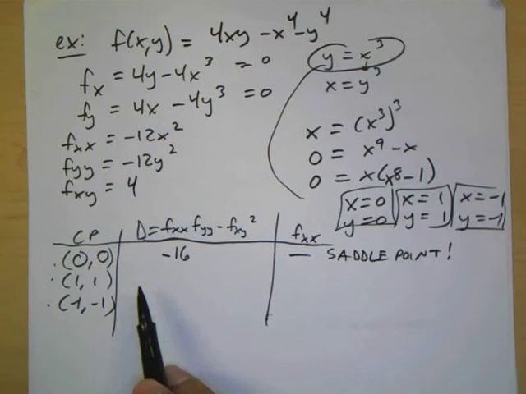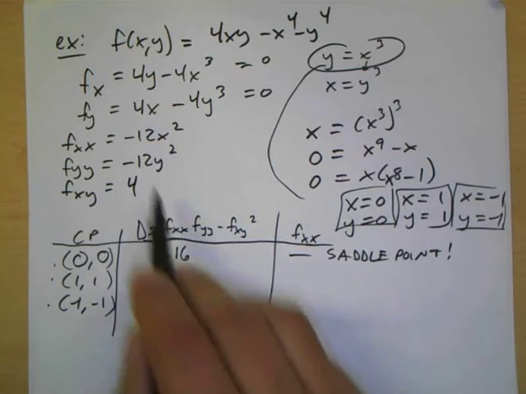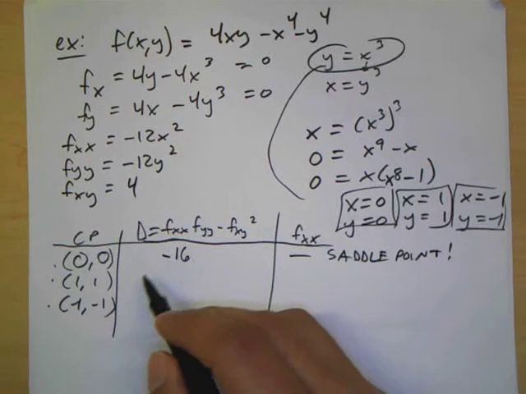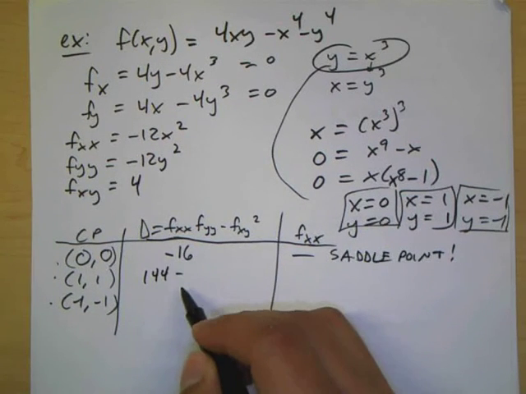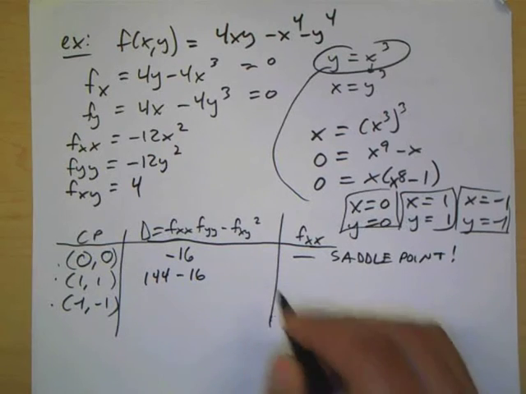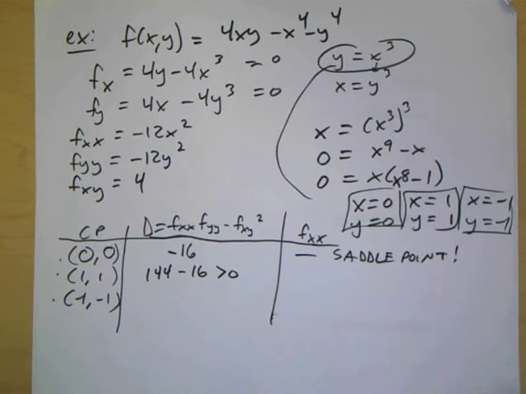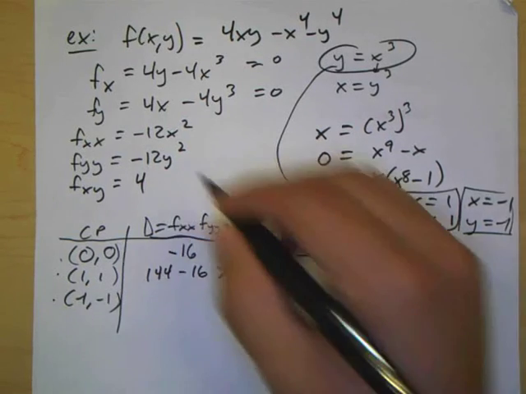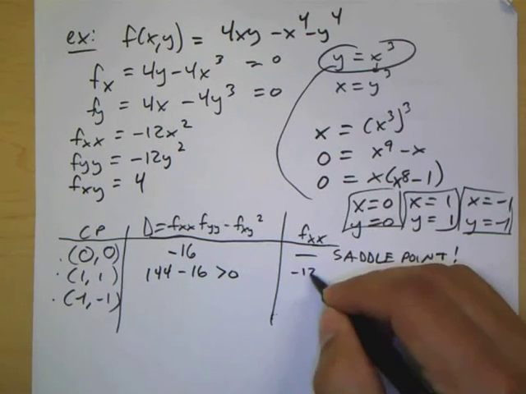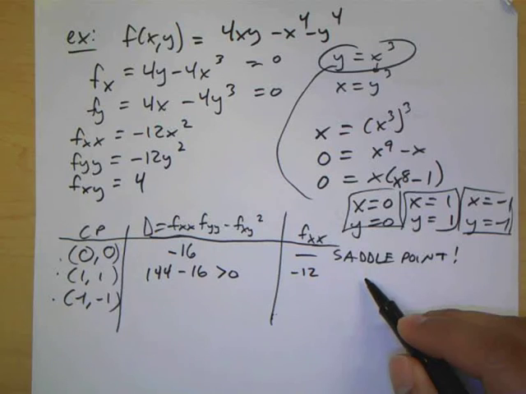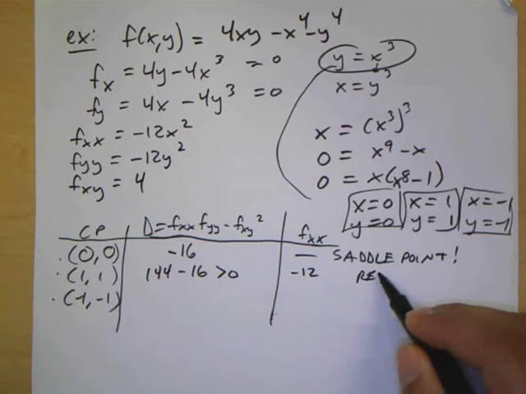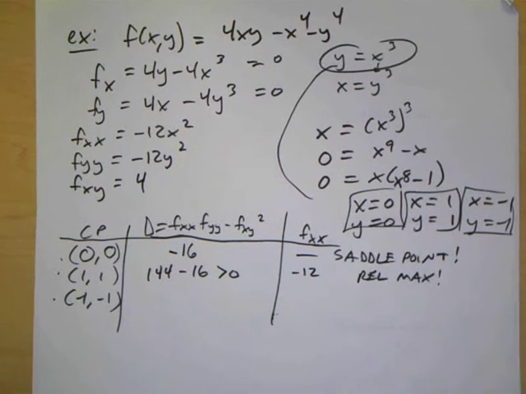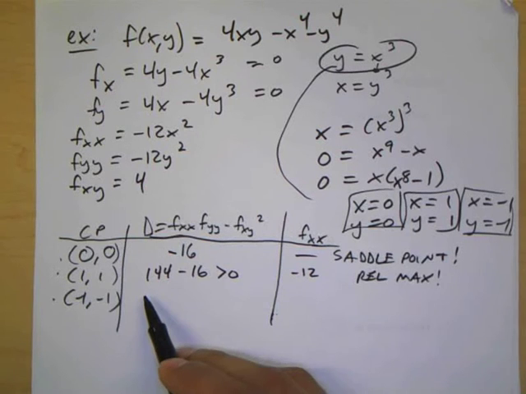If I plug in 1, 1, we get 144 minus 16 again, which is definitely greater than 0. But now partial xx would be negative 12, so what does that mean? Good. And same scenario with negative 1, negative 1.